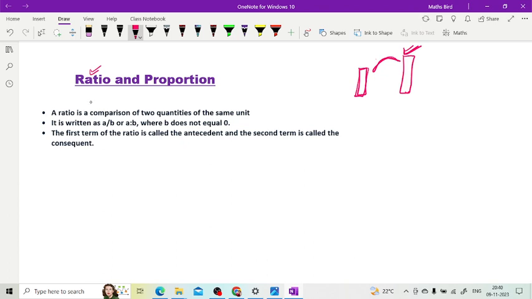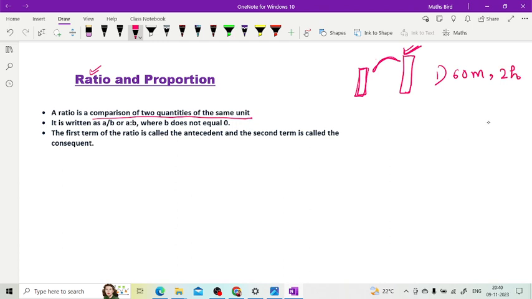So a ratio is a comparison of two quantities of the same unit. Why am I introducing the same unit? For example, if I say compare the time, then time will be compared with time. Suppose it is given 60 minutes and 2 hours.